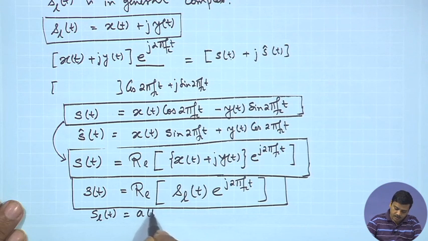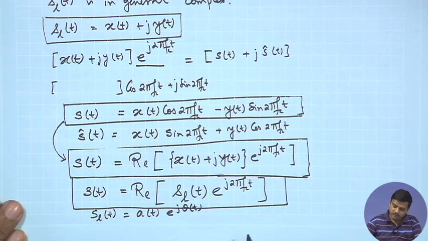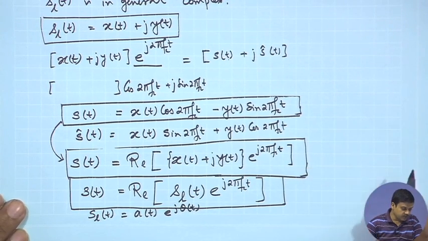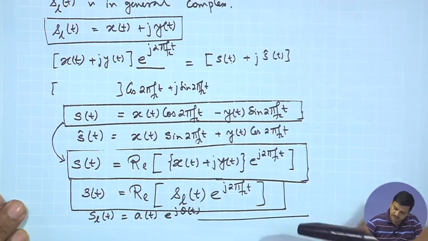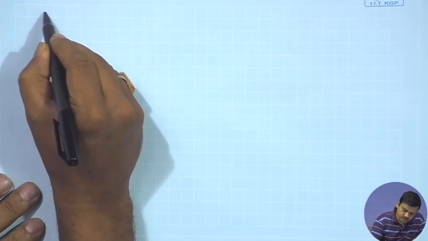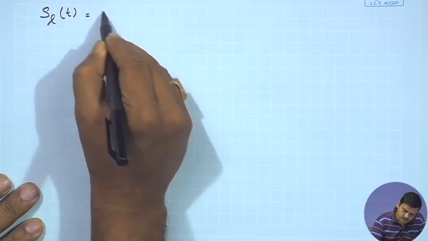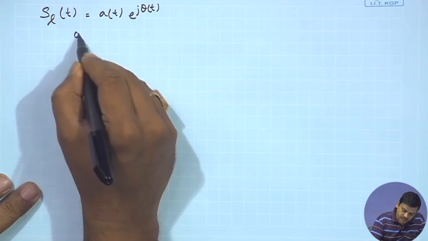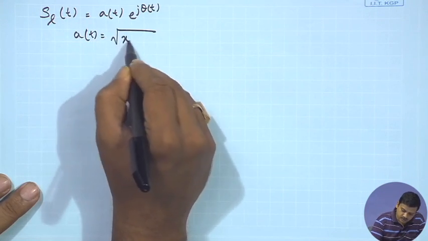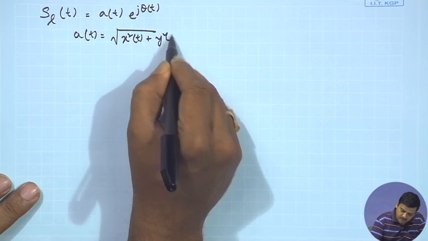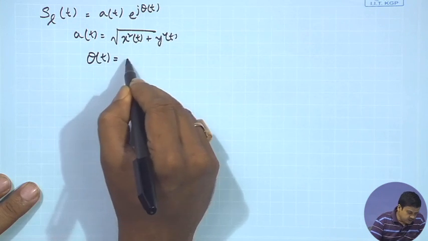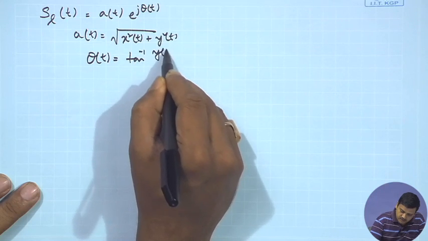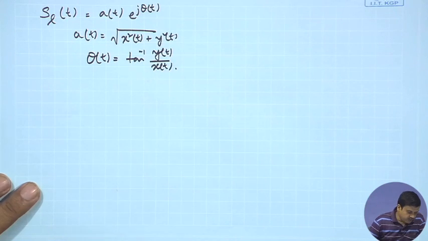One could also represent S L of t as A of t e to the power of j theta t. In that case, one could say A t, a well known result, is equal to the square root of x squared t plus y squared t, and theta t is equal to tan inverse of y t upon x t.